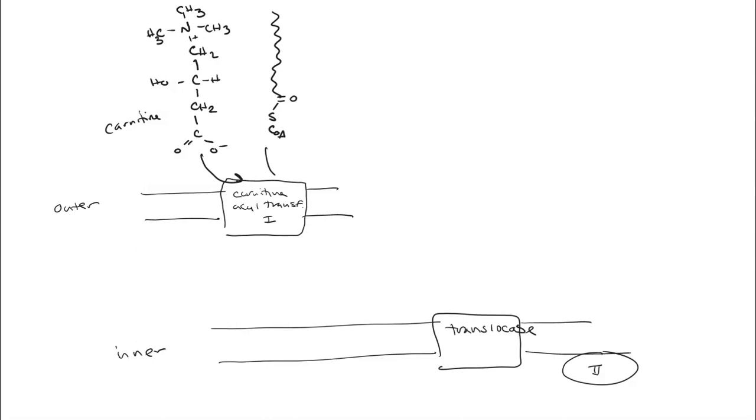So this comes in, our coenzyme A kicks off, and what we end up with transferred through to the intermembrane space between the outer and inner membranes is our acylcarnitine derivative, where we have our free fatty acid, which has the carbon, the oxygen, and then it's bound where this hydroxyl group was on the carnitine.